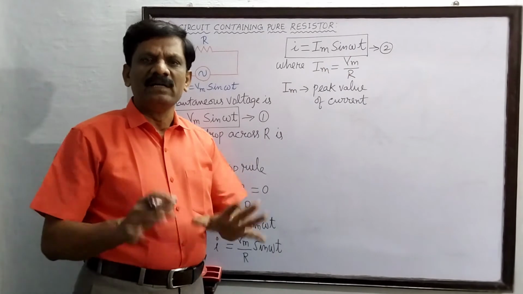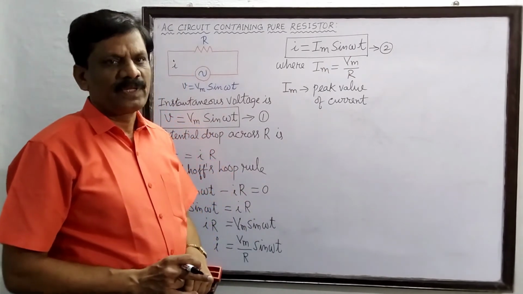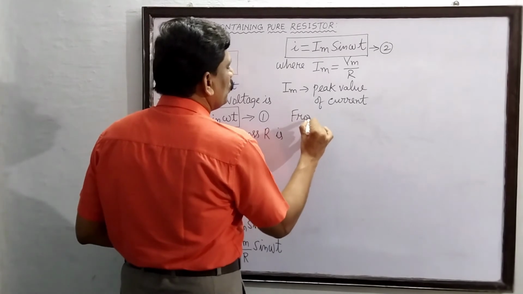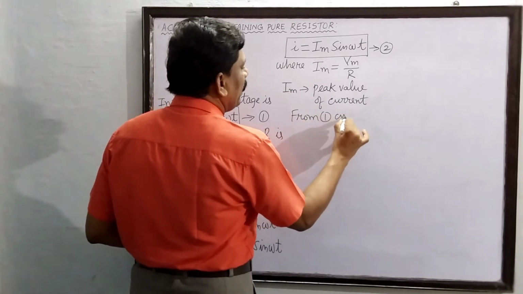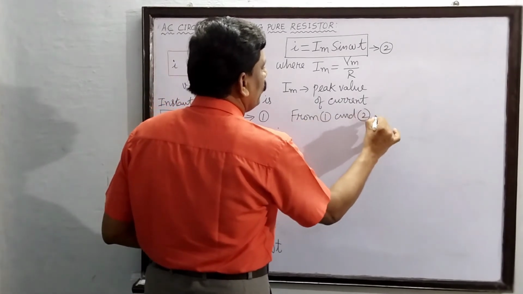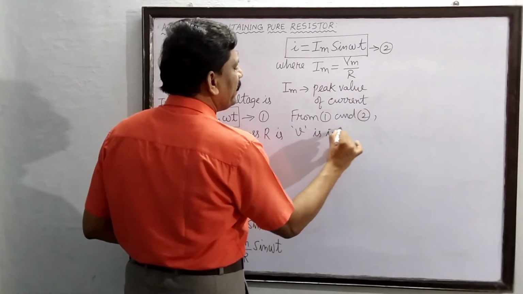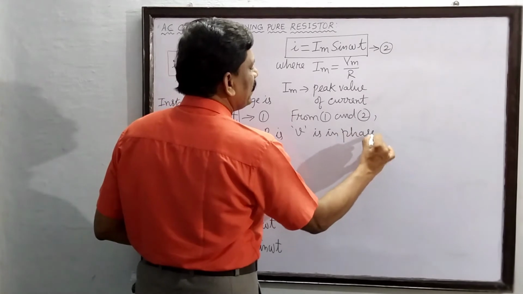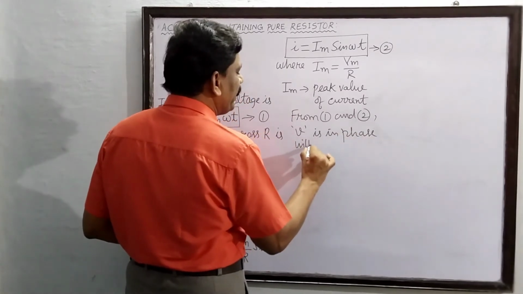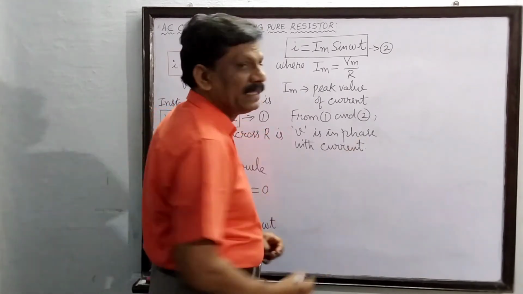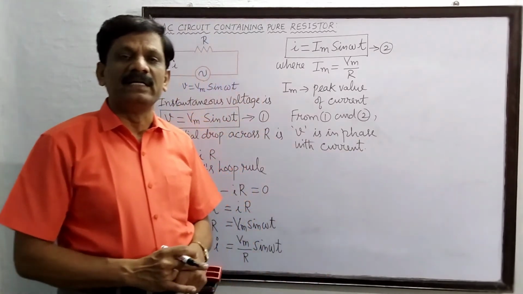That means both are in phase with each other. Okay students? So from equations 1 and 2, it is found that V is in phase with the current. What do you mean by saying that voltage is in phase with current?